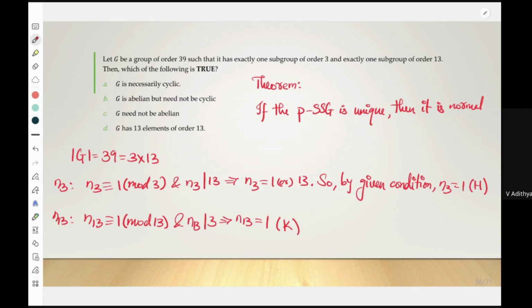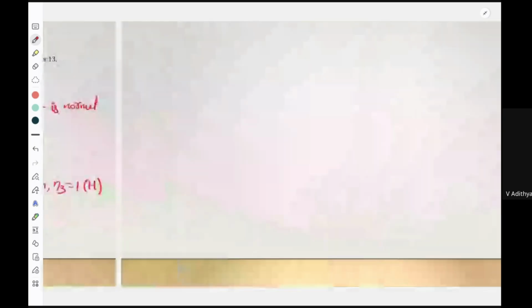So we know this, that if the p-Sylow subgroup is unique, then it is normal. So both H and K are normal. Here H and K are normal, order of H is 3, order of K is 13.